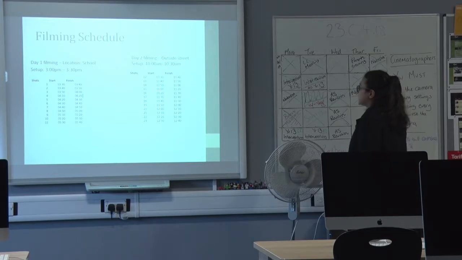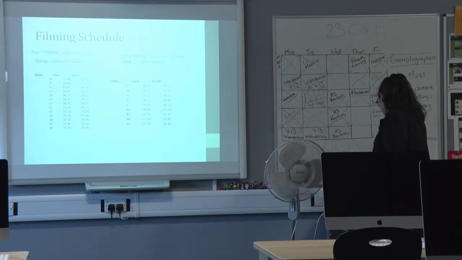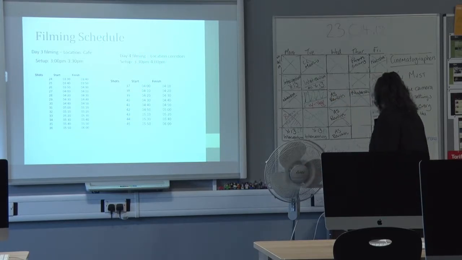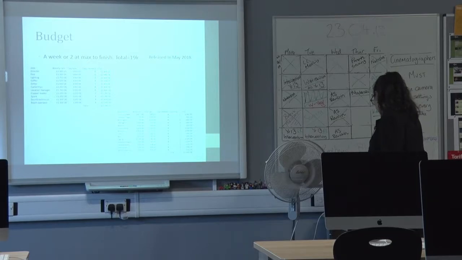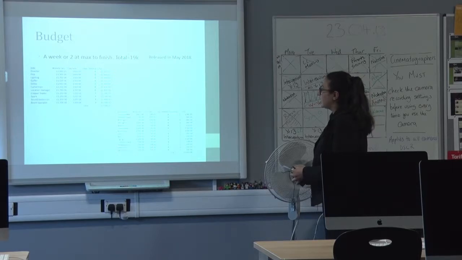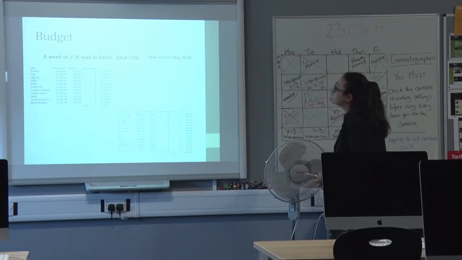So for my filming schedule, I said that I'll have 4 days of filming, with each shot lasting about 10 minutes. For my budget, I came out with 19,000, which is quite expensive for a UK film, but for my film, I think it works.